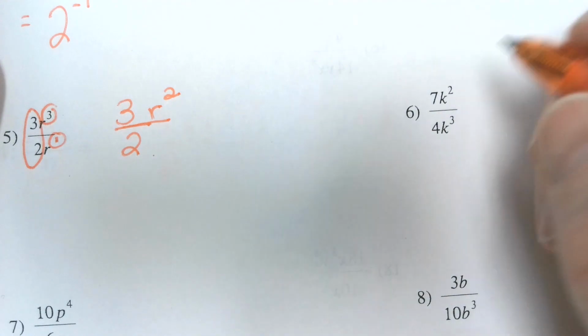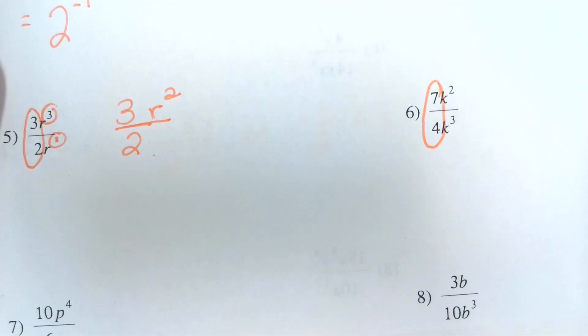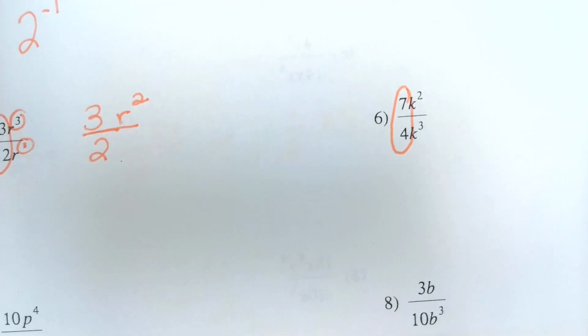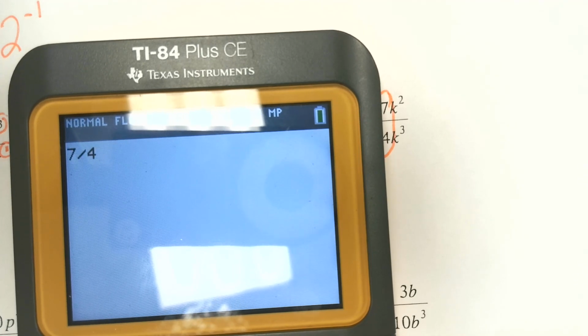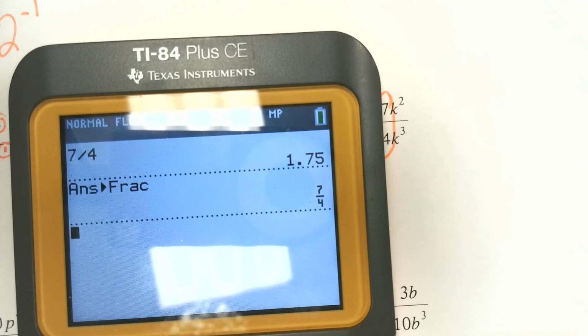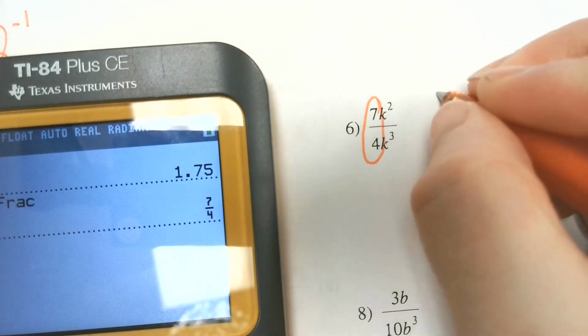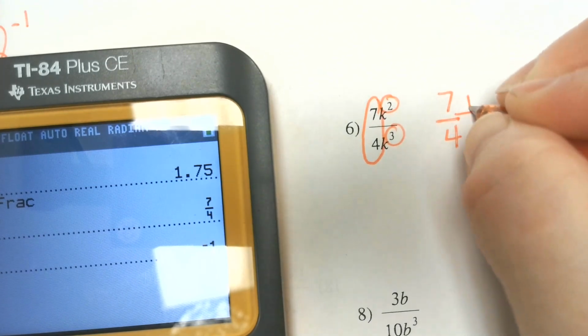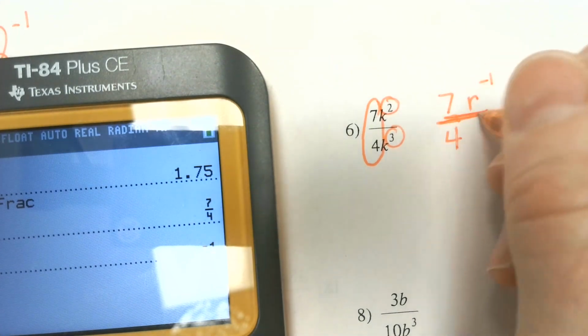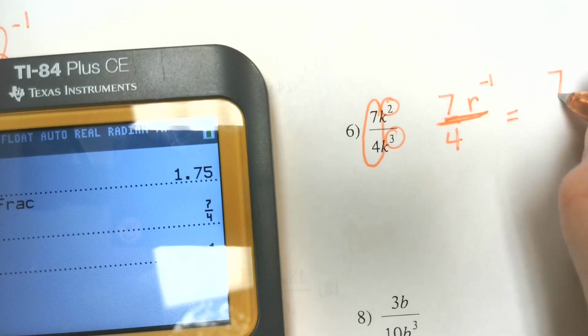All right, do 6. But I don't want a negative exponent, so where's the R going to end up going?